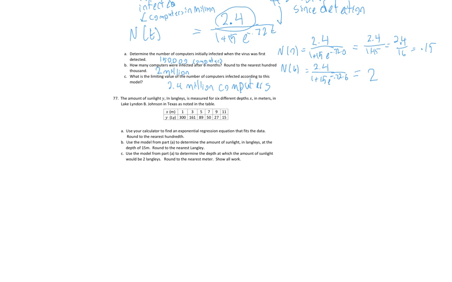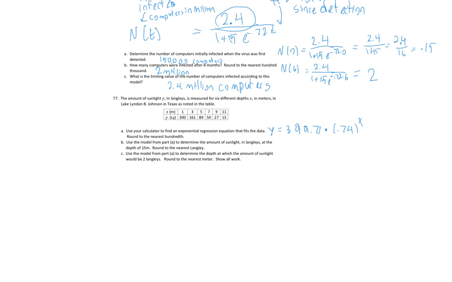And what I got was that y is going to be, to the hundredth, 2 decimal places, 399.71 times, and then my base is 0.74, just 0.74, to the x. Now we need to figure out where x is my depth.